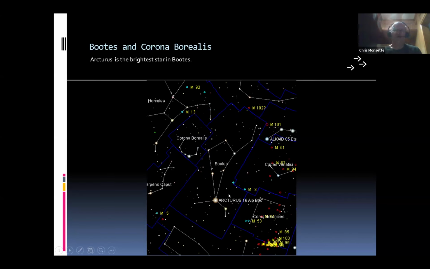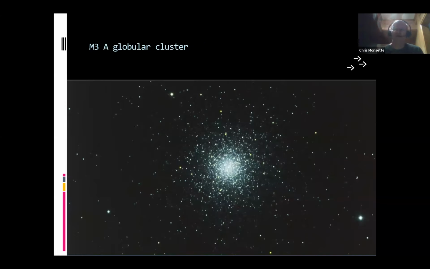And when you do, you'll see this, which is a beautiful globular cluster. It's about 32,000 light years away from where we are here in our solar system. Globular clusters are unusual animals. They will actually reside in the halo of the Milky Way, and I'll show you a picture on the next slide.